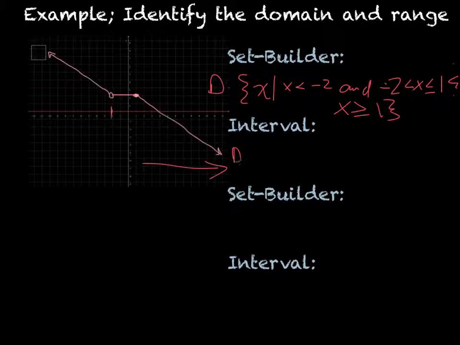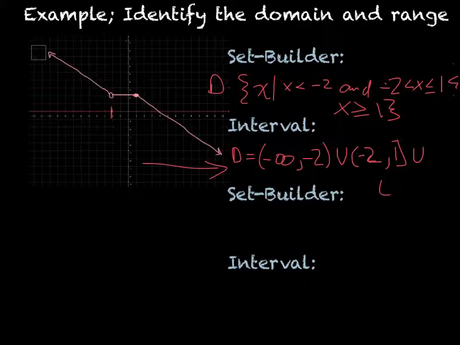Okay, so now my domain in interval notation, so I go from negative infinity up to the negative 2, and I don't include the negative 2, so I leave that as a parenthesis, union with negative 2 to 1, so parenthesis, negative 2, comma 1, square bracket, because that's a closed circle, union with 1 to positive infinity. Okay, and that would be a square bracket around the 1.